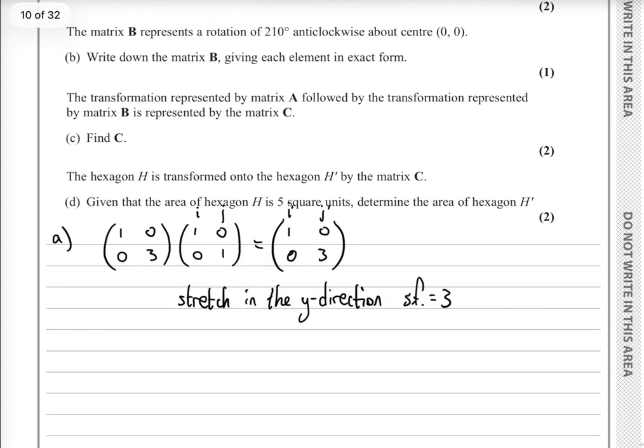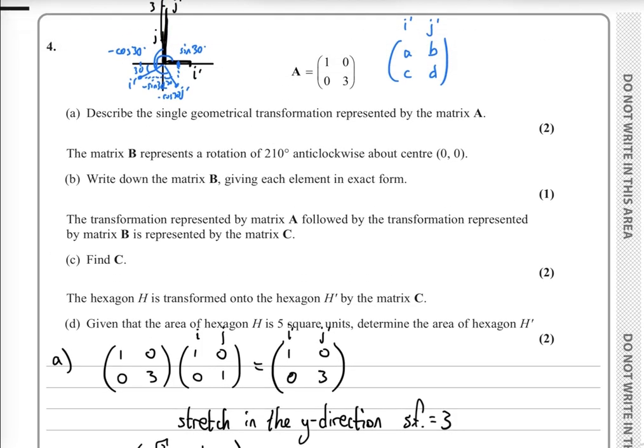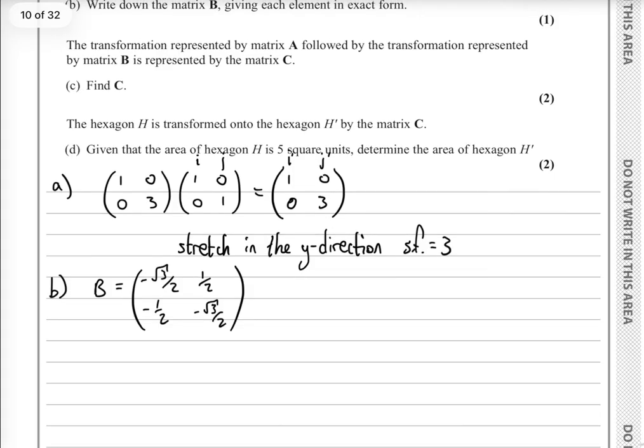So if I put that into my calculator, I get minus root 3 over 2, minus a half, and minus root 3 over 2 again down here. And I think they only give 1 mark there because there is an easier way to do that with the 210 degrees, but I prefer to think of it in the way I've done it there. Either way, you should get this answer here on the screen.